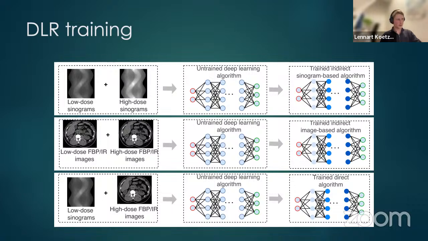Also, the choice of reconstruction algorithm in these steps is very important, since if you choose FBP reconstruction for your training images, your deep learning reconstruction algorithm will also result in a noise texture that is similar to FBP images.